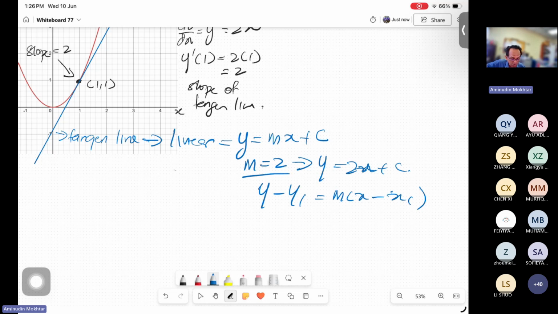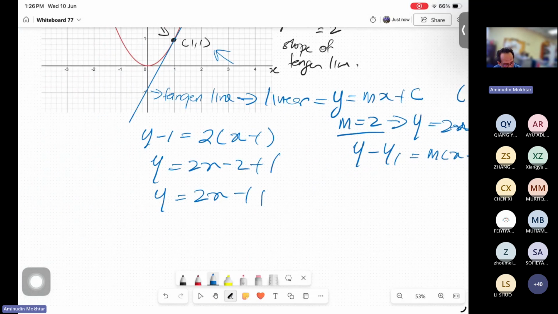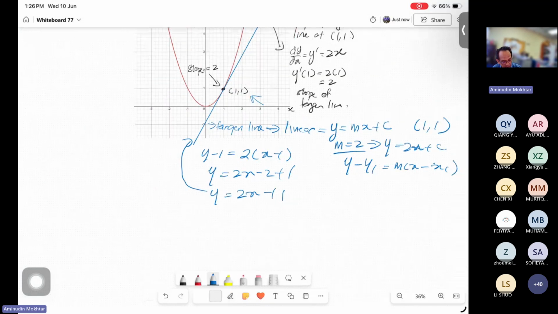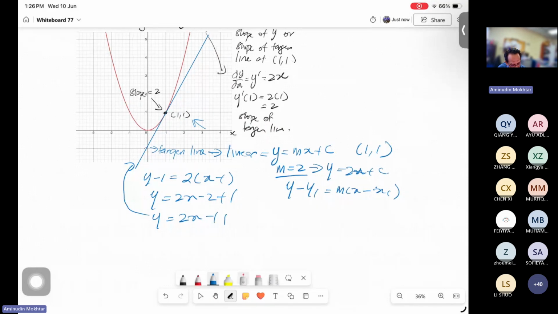Now we know m equals 2, and we can apply the coordinate point (1, 1). So y minus 1 equals 2(x minus 1), so y equals 2x minus 2 plus 1. The answer is y equals 2x minus 1.